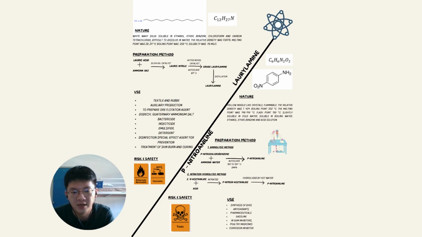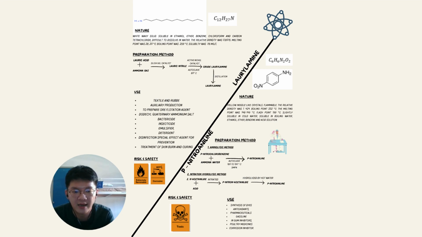For the first, the aminolysis method, para-nitrochlorobenzene and ammonia water are pressed in the autoclave at 180 to 190 degrees Celsius under the condition of 5 MPa, and the para-nitroaniline is generated, and the product is obtained by crystallization separation and centrifugal spin drying.